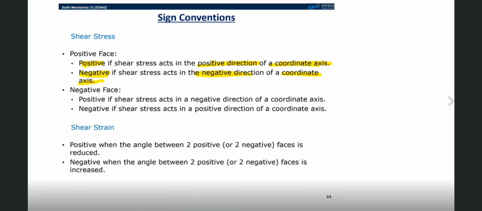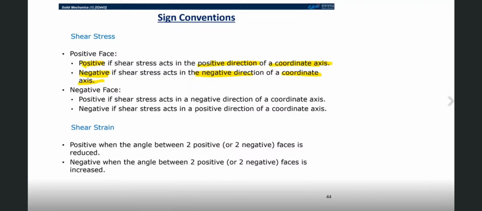So, if the shear stress follows the original coordinate axis, then we call that the positive direction shear stress component. And if the shear stress has the negative direction with reference to the coordinate axis, we call that the negative direction shear stress component, right?